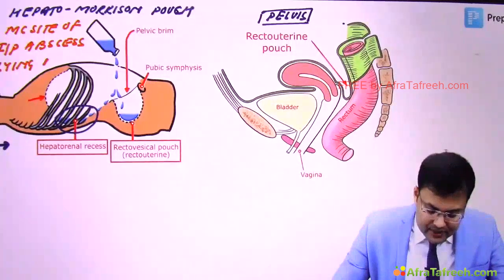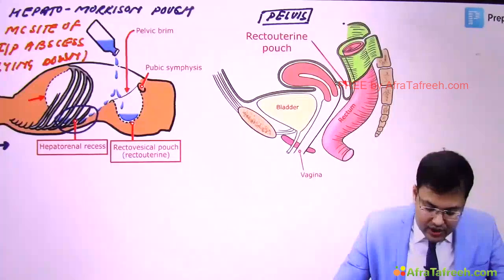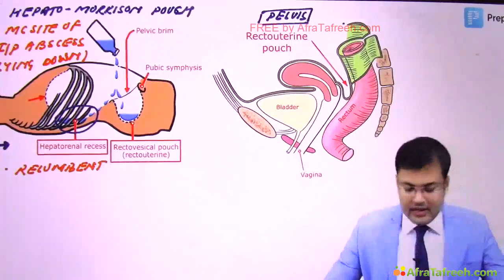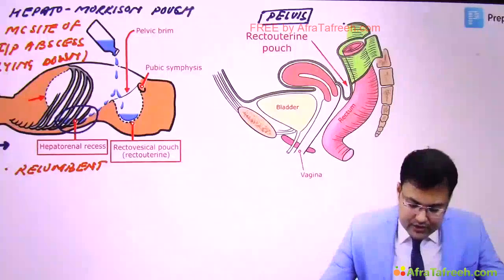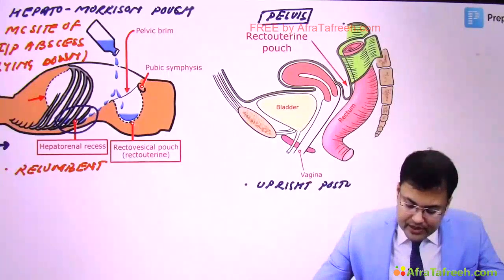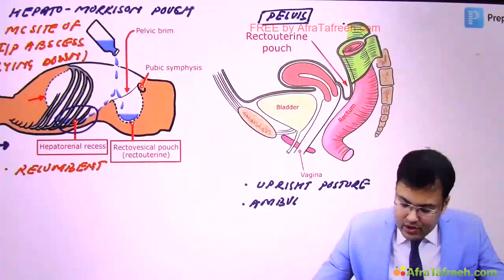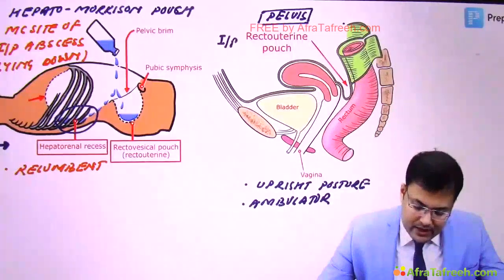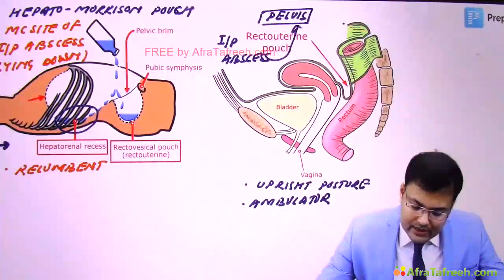Here you can see lying down position or recumbent position. Clear? Okay. And in upright posture, if the patient is ambulatory, what's the most common site of intraperitoneal abscess? That's pelvis.